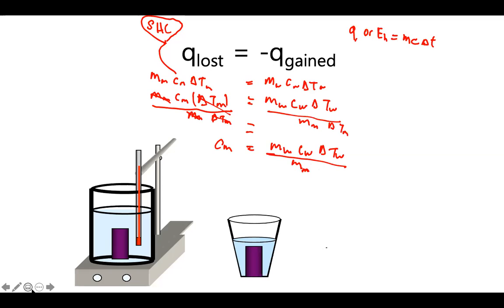So we have a relationship for finding the heat energy: mass times specific heat capacity times delta T. Delta T is the change in temperature. As we are aware, the metal got cooler, so therefore it lost heat.